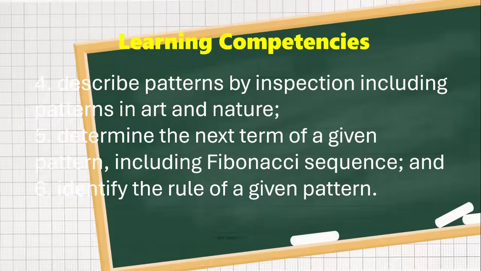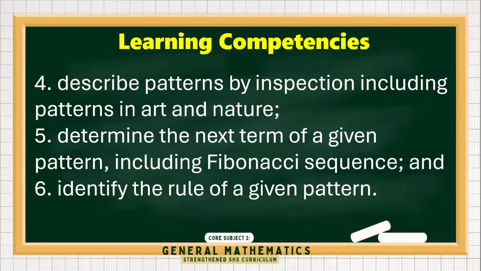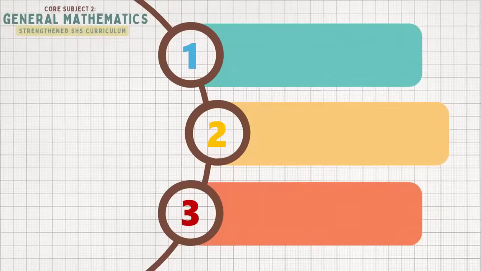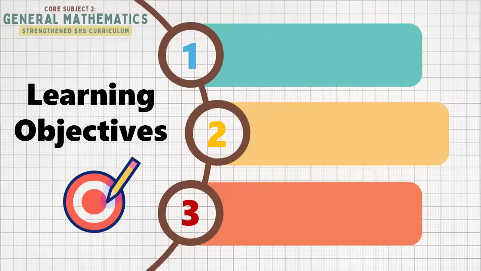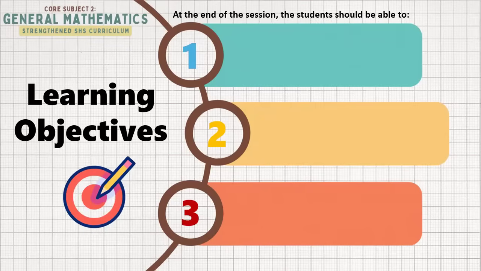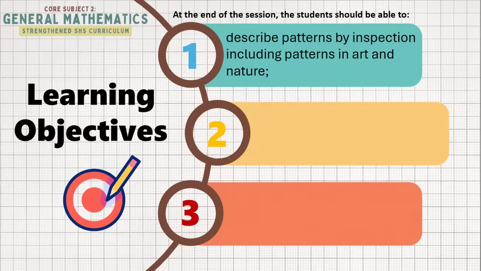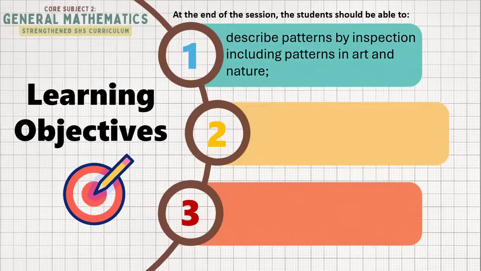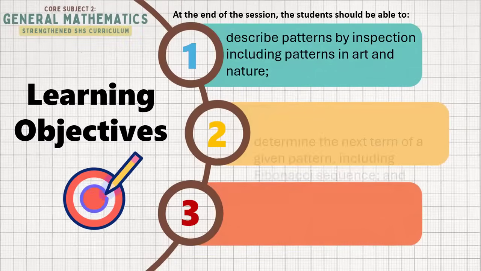The learning competencies involve competency numbers 4, 5, and 6 under the DepEd curriculum of General Mathematics. You should be able to, number 1, describe patterns by inspection, including patterns in nature and art.